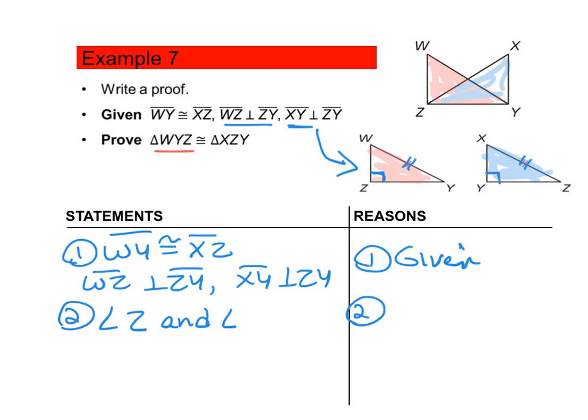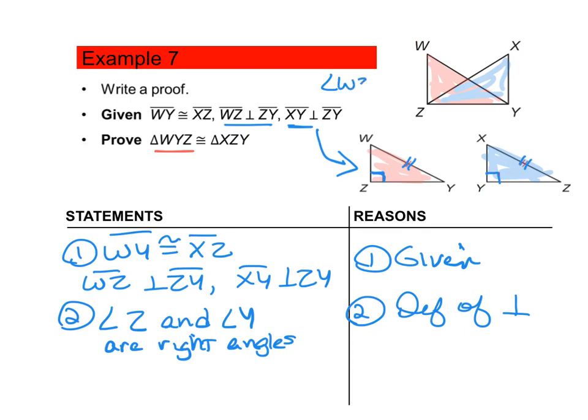So I'm going to establish that angle Z and angle Y are right angles. And this is definition of perpendicular lines. If I were leaving it in the picture, angle Z is the same thing as angle WZY, and angle Y would be angle XYZ, or you could reverse the order of the letters.